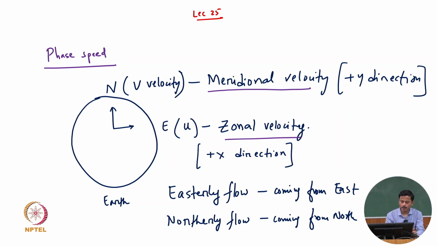Okay, now given that we have cleared up some basic terminology, we look at the zonal phase speed of Rossby waves. This is denoted by Cx.